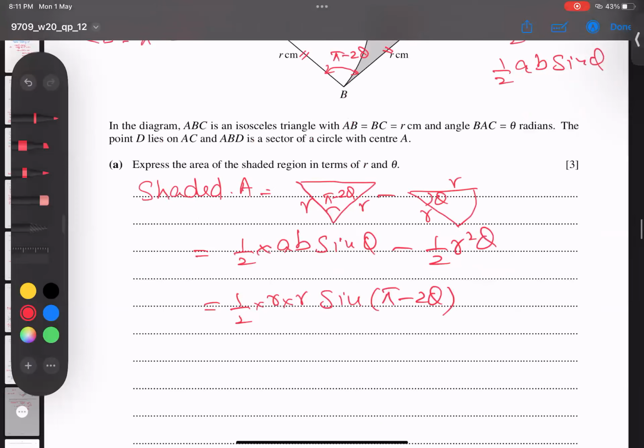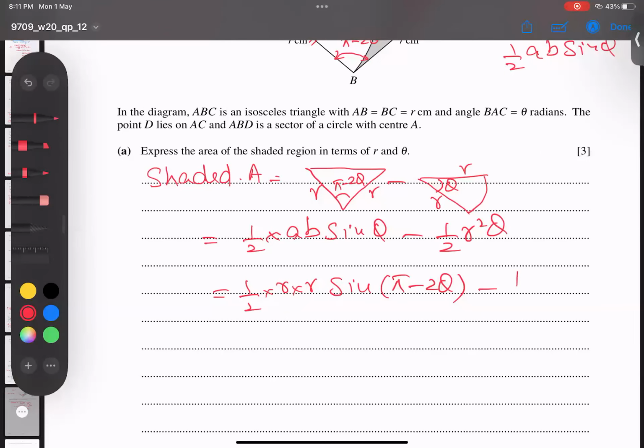I think this way is okay. It's easy for you. And half r squared theta remains as it is. And half r squared taken common. If I take it common, it becomes half r squared, and in the bracket I get sine of pi minus 2 theta, minus theta.